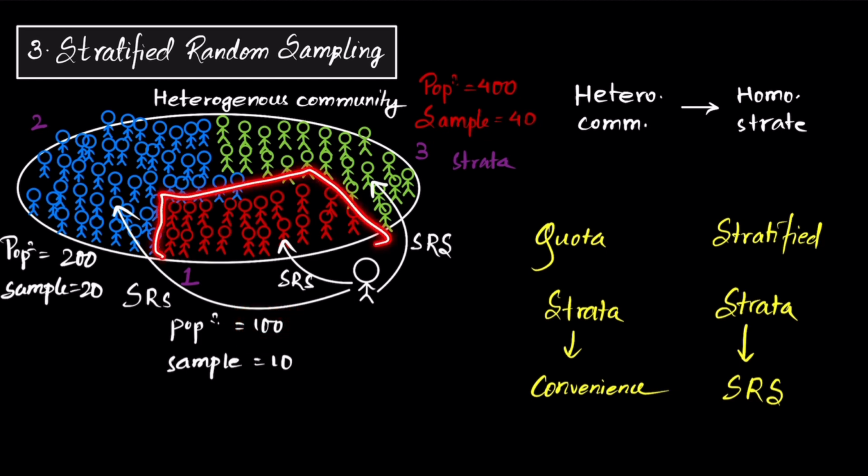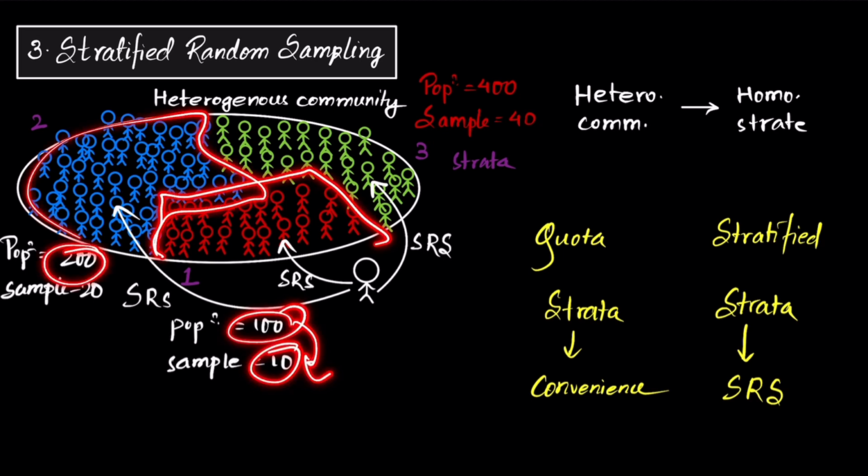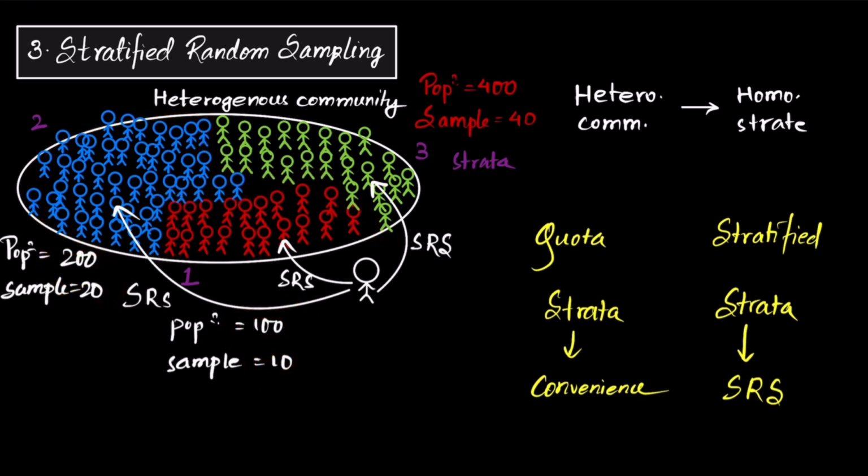Since the population of the red group is 100, I have chosen 10. The population of the blue group is 200, so I have chosen 20. So the number of individuals for the sample has been chosen proportionate to the population of the subgroup. And this technique that we have applied is what we call PPS, or probability proportionate sampling. Again, PPS, or probability proportionate sampling, is where the sample size is proportionate to the population of the subgroup.